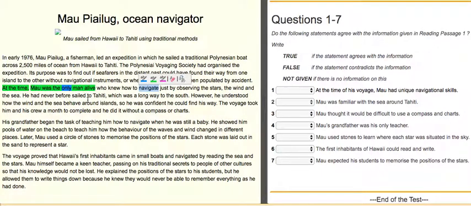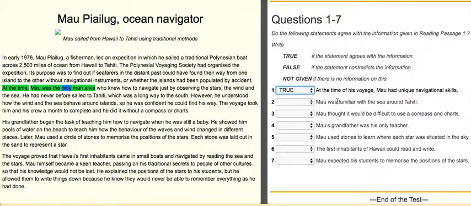Let's clarify that navigational skill by explaining who knew how to navigate just by observing the stars, wind, and the sea. So the only man alive means he is the only one who knows this technique, and yes, that makes it unique. So right here you can already choose: it must be true.